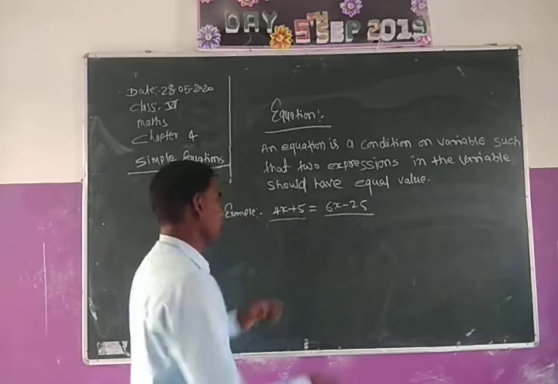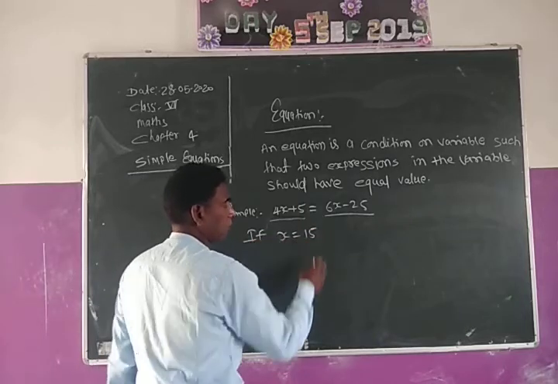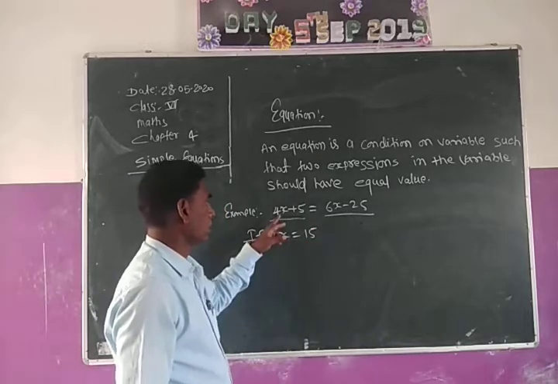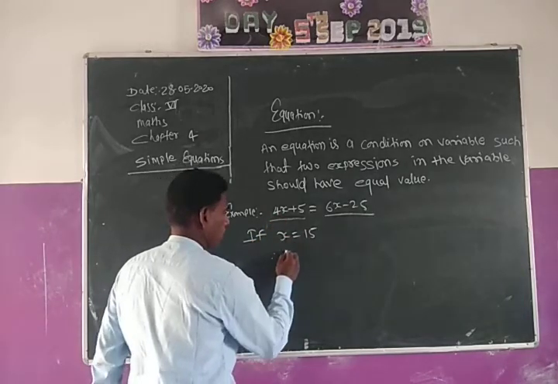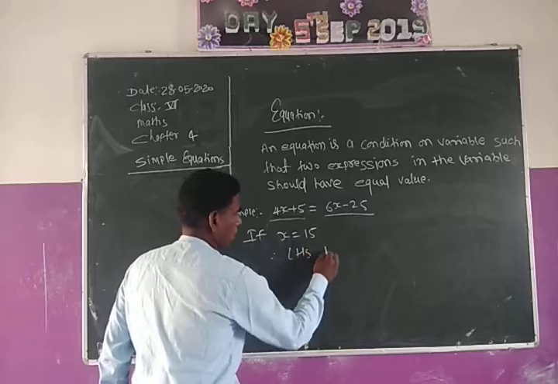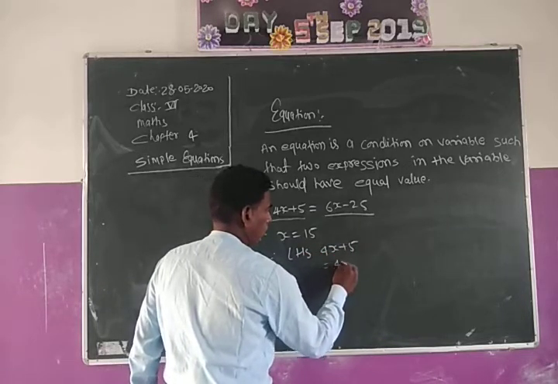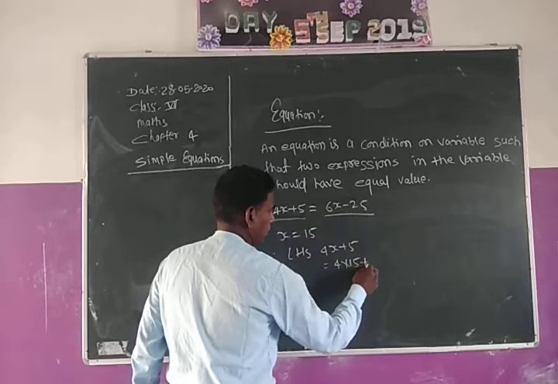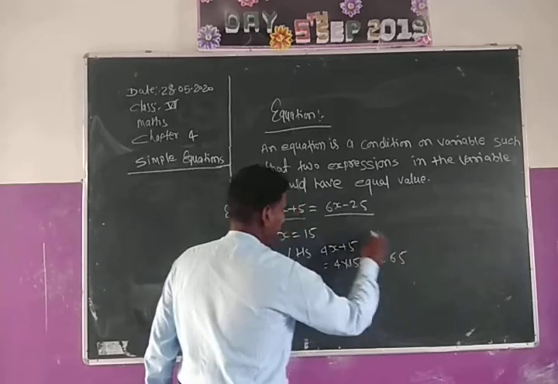If x is equal to 15, LHS 4x plus 5 is equal to 4 into 15 plus 5, 60 plus 5, 65.